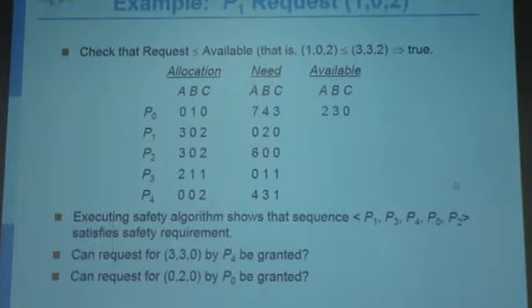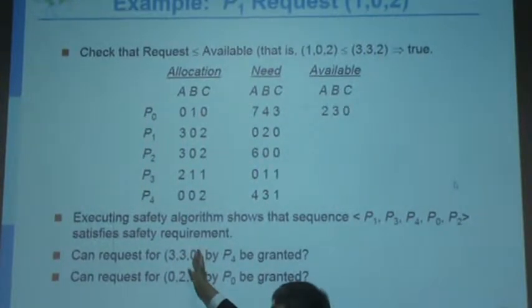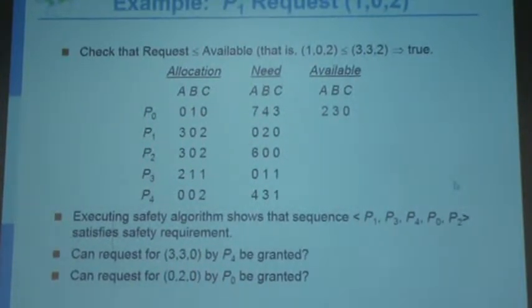It requires, so need should be increased, and that is the same idea as his. That if need is increased, that means the maximum. But my understanding is when they request 3 more A, 3 more B, and 0 C, that means it allows 3 more A, 3 more B from their maximum demand. But I will double check.